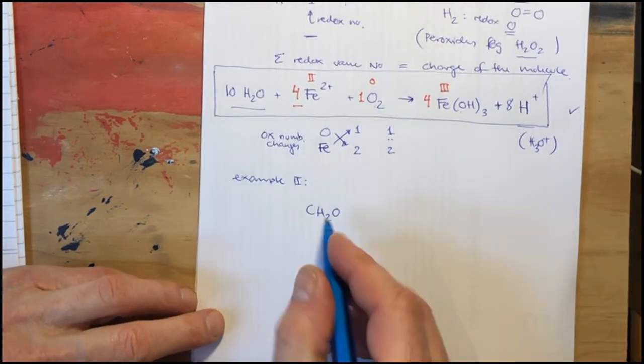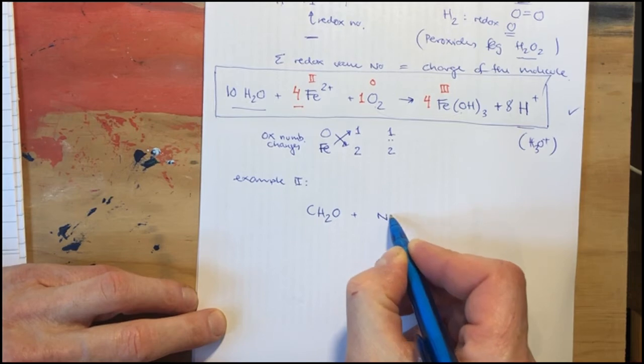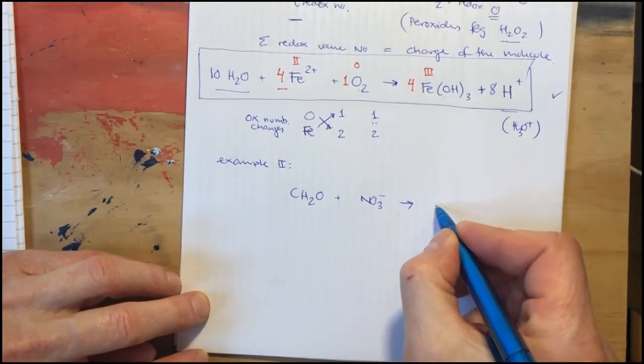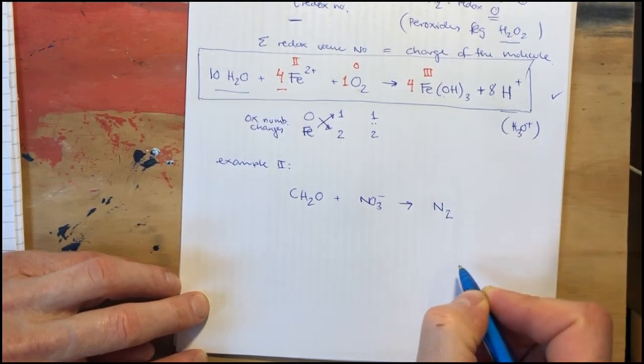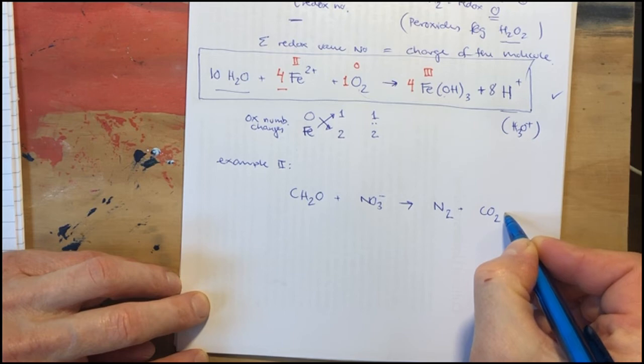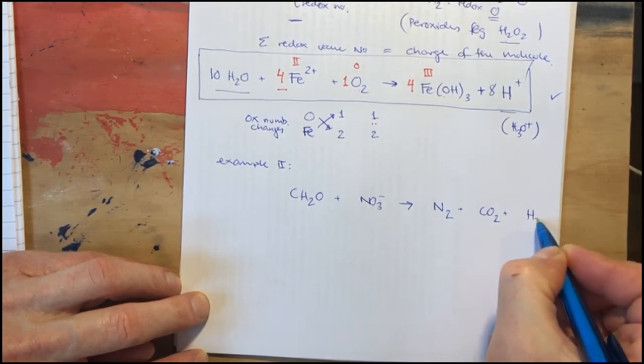So what if I take organic matter and I oxidize this with nitrate to atmospheric nitrogen, and I know I get CO2 and water probably also out of it.